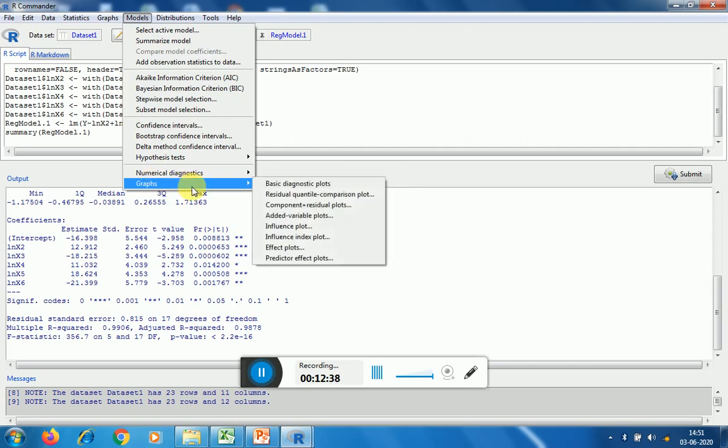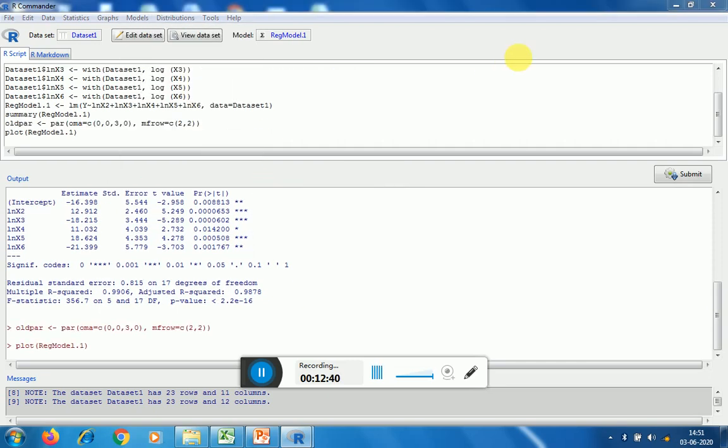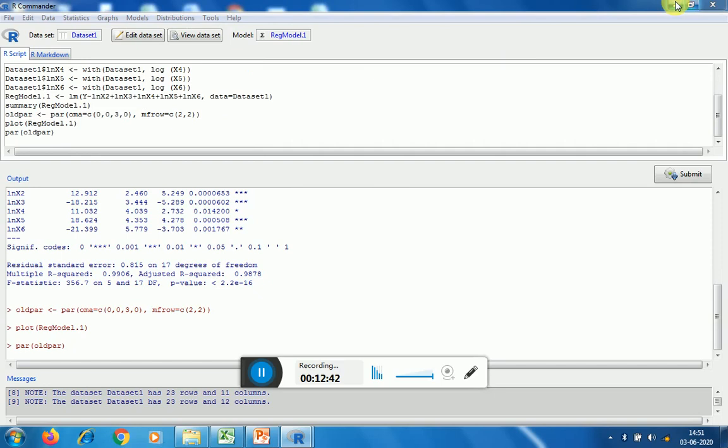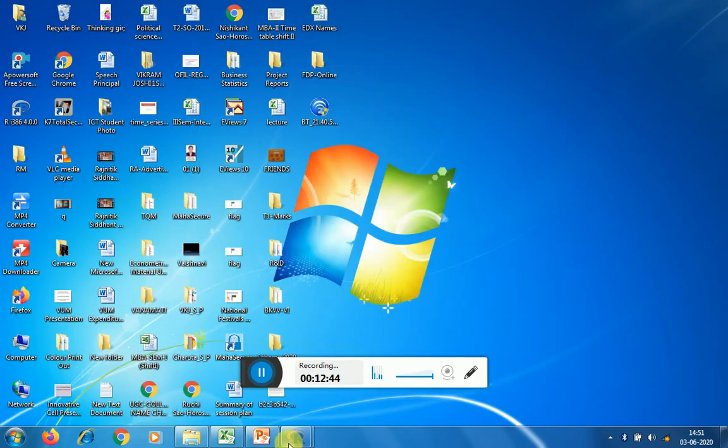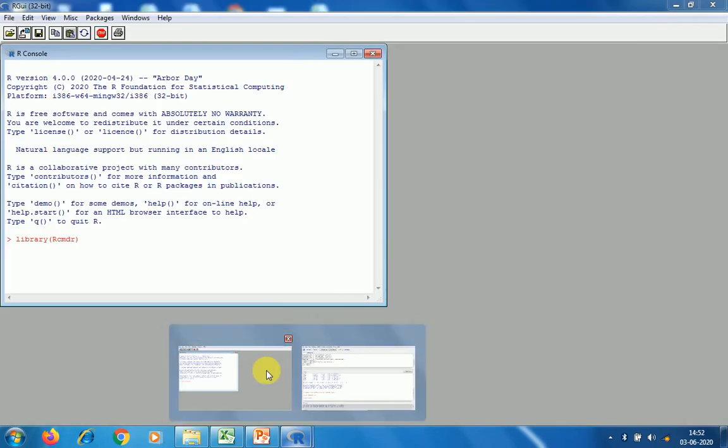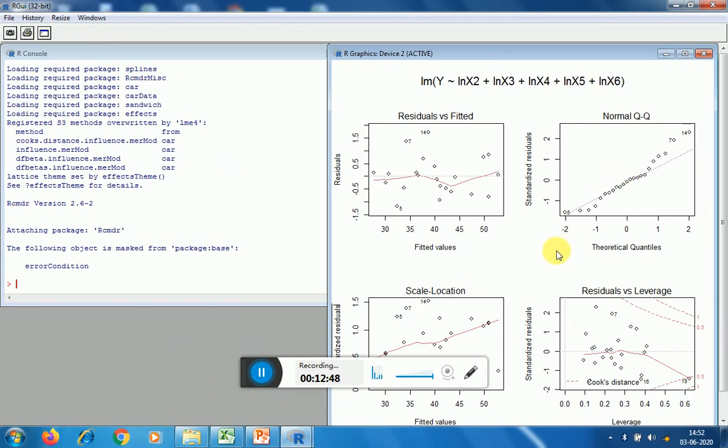For example, if I plot the basic diagnostic plot, you can see the normal QQ curve. Here this is your residual line, and there are certain residual points which are going far away from this particular line.